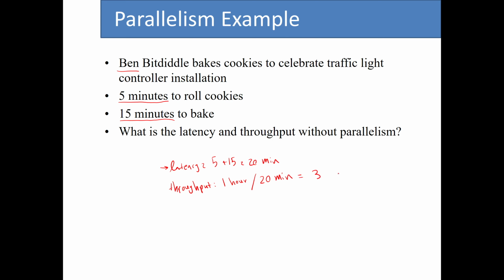So it's going to be 3 trays per hour. That is the throughput for the system that Ben is going to design without any sort of parallelism.